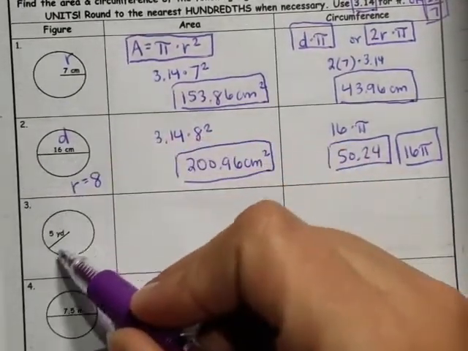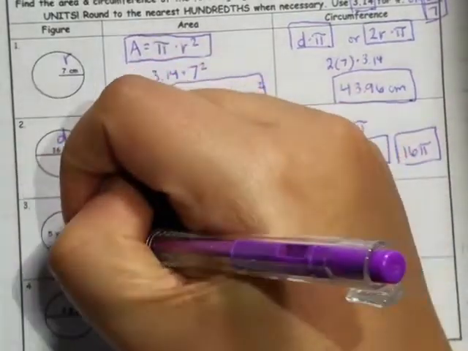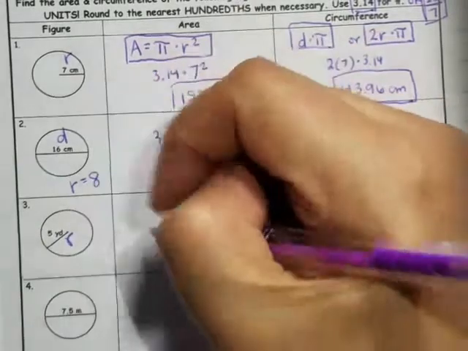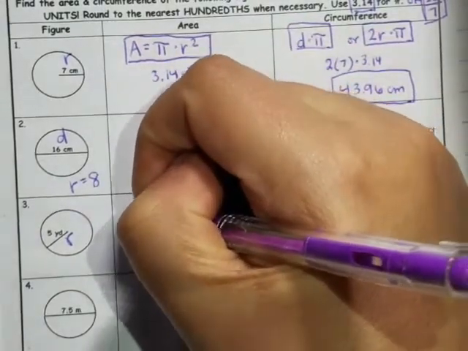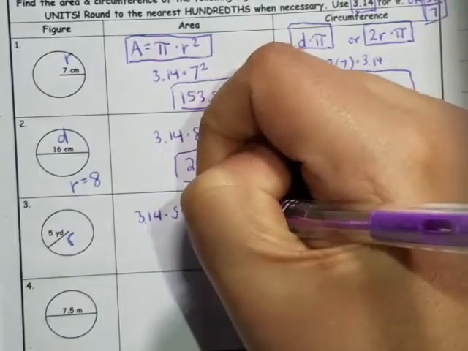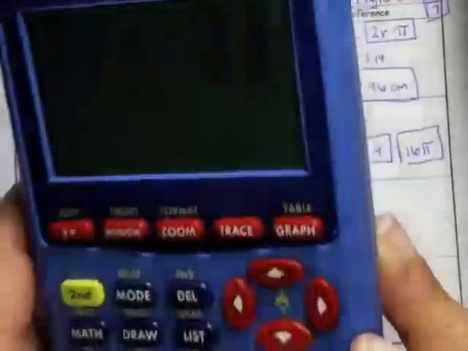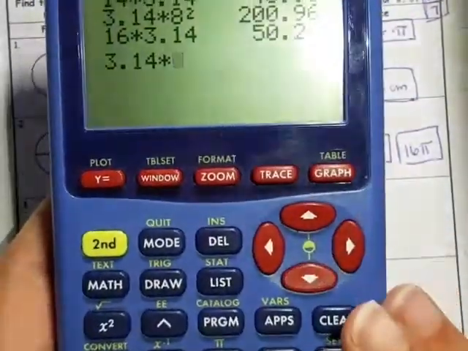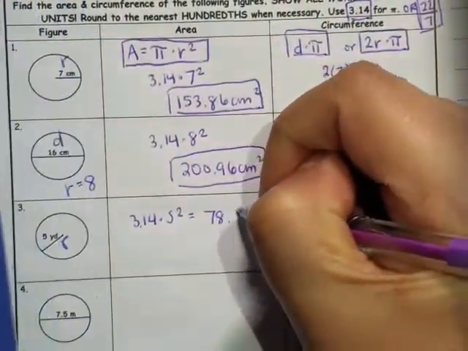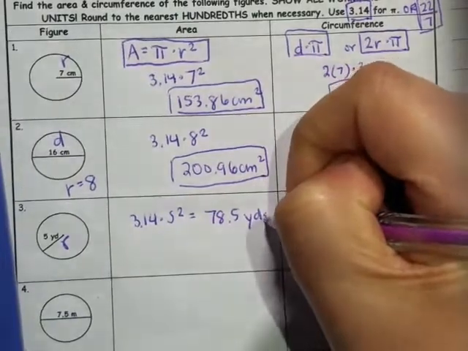All right, so number 3, this is given our radius. So we're going to use that in our area formula. So pi, 3.14 times 5 squared, gives me 78.5 yards squared.